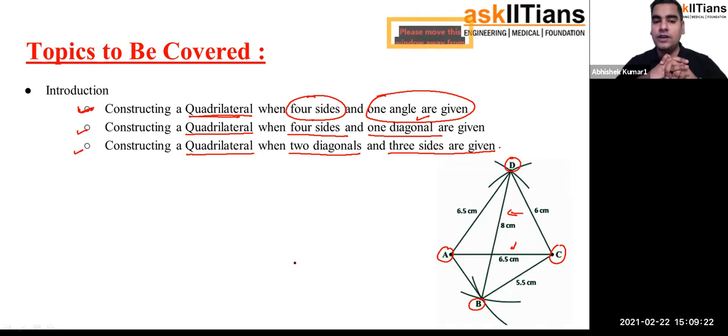How that particular quadrilateral can be constructed is what we are going to learn in our topic number 3. So be very careful while I explain this. It's one of the easiest topics that you have in your syllabus, so check it out.